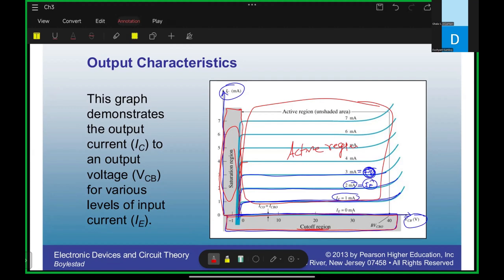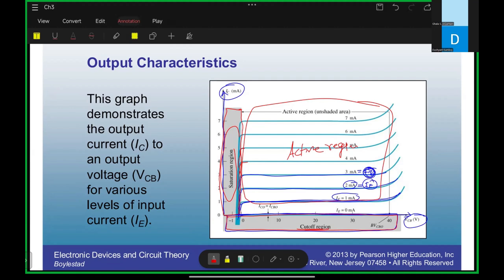So there are three regions inside this one.